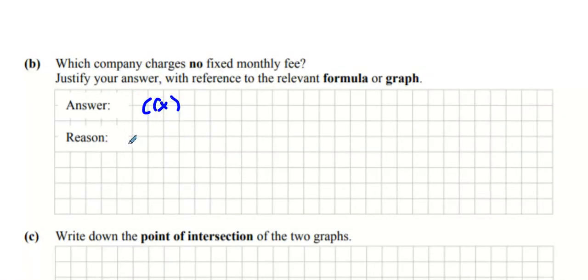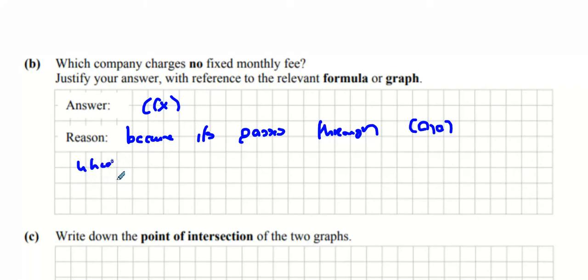C of X, because it passes through 0, 0, which means 0 megabytes costs 0 cent.